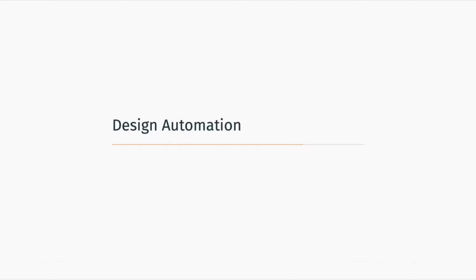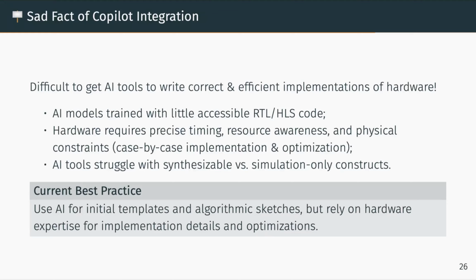And now I want to talk a little about design automation, because we certainly do not want to implement every detail ourselves. But I have to come to this sad fact about Copilot integration: it's very difficult to get AI tools to write correct and efficient implementations of hardware.